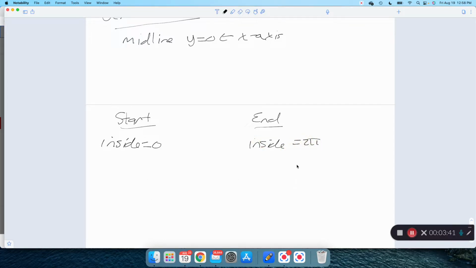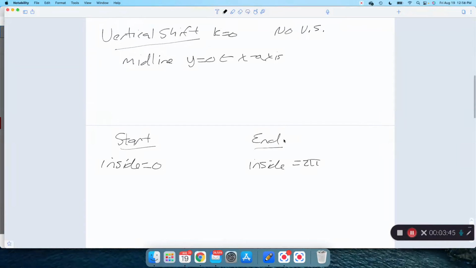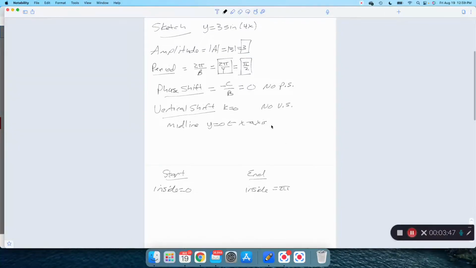For sine and cosine, these are always what we use for start and end. So my function that I'm graphing, 3 sine of 4x. When I say inside, I mean inside these parentheses here. So I want 4x equals 0. Let me make that prettier. And 4x equals 2 pi.